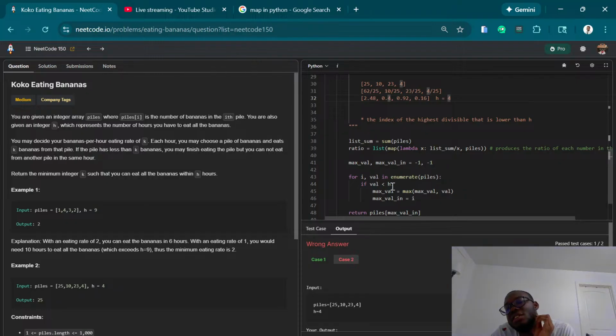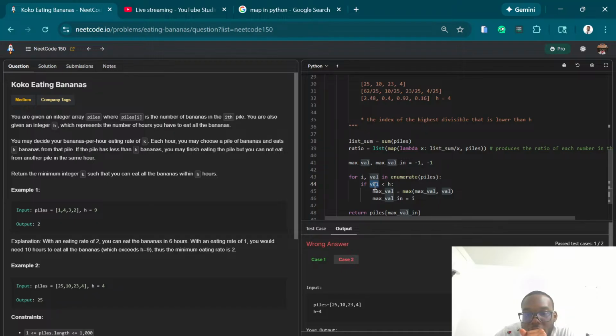No, it doesn't necessarily have to be. Sorry, it's the ratio, not the val. So if piles over ratio I, right, yeah, it's this, not that.